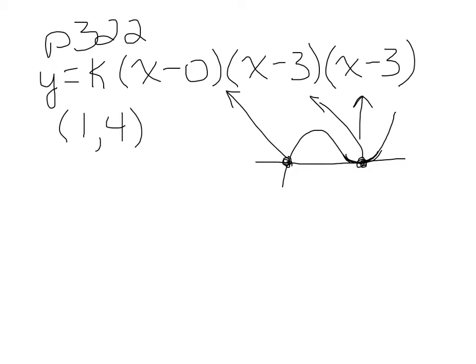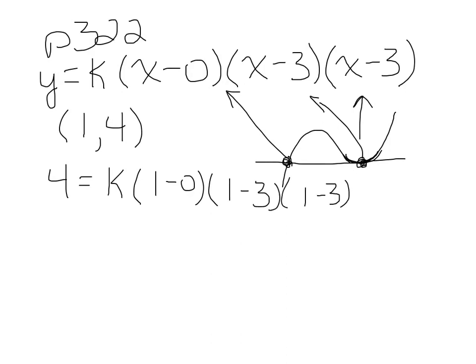And of course, this is telling me that whatever k is must make true that if I put 1 in for the x's, I will get 4 for the y. So when y is equal to 4, whatever this value is, this must be true, that 1 minus 0 and 1 minus 3 and 1 minus 3 will give me that 4.